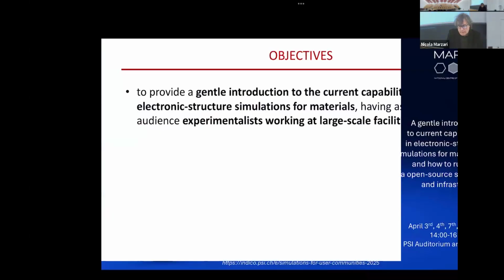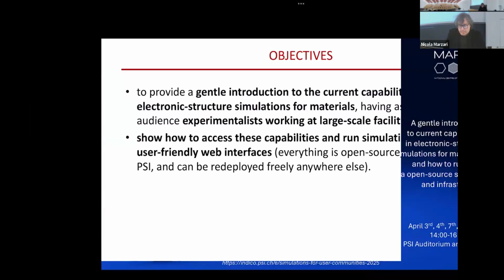So the school really needs to provide a gentle introduction, and make everyone understand the fundamental ideas behind quantum mechanical electronic structure simulation, and actually how to run the simulations. Giovanni and the team have worked hard for the past couple of years to make sure that you could access this through a very user-friendly web interface that launches reliable workflows that do the calculations that you need.